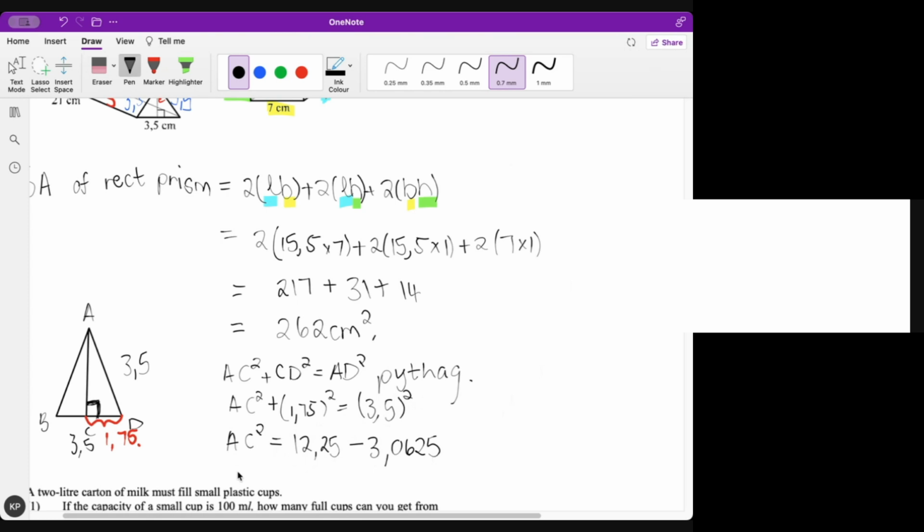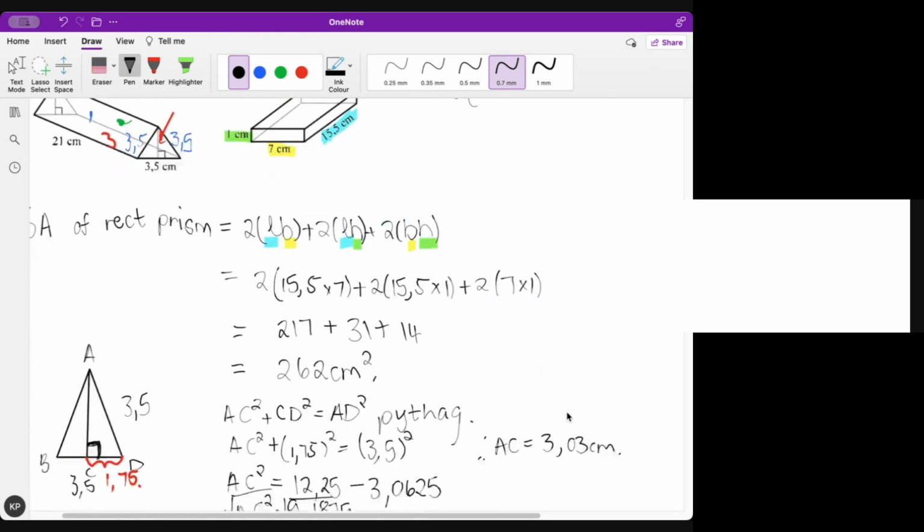That means my AC squared is equal to 12,25 minus 3,0625. Let's see, 12,25 minus 3,0625 is 9,1875. And if I square root both sides, that means AC is 3,03 centimeters.